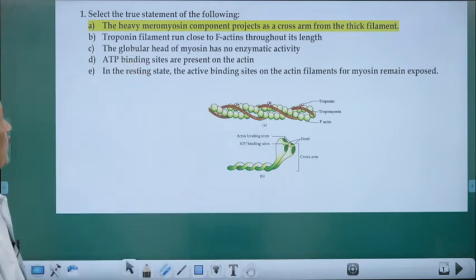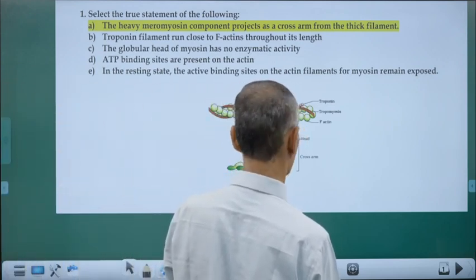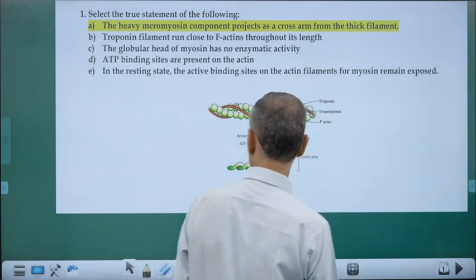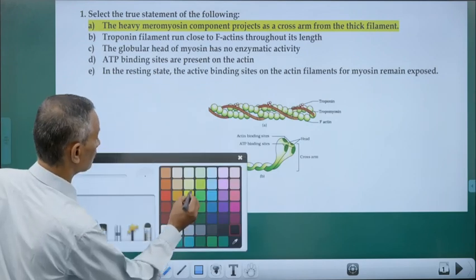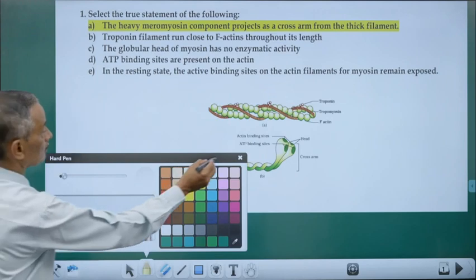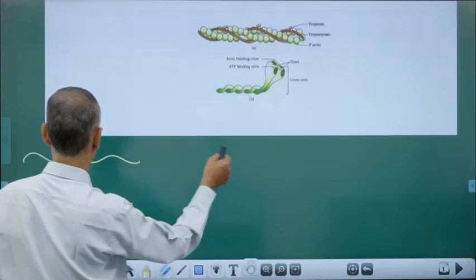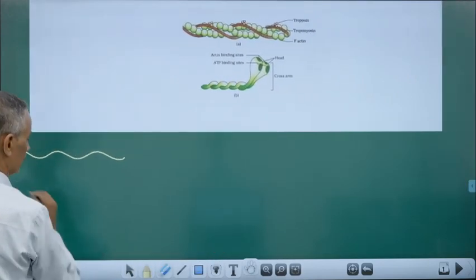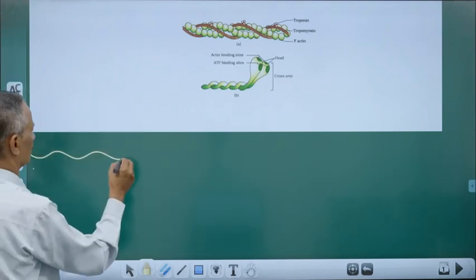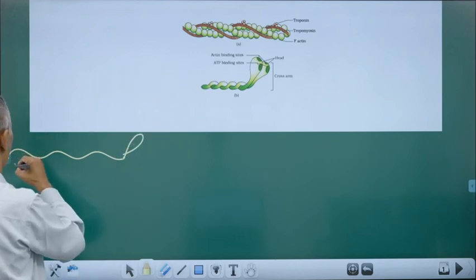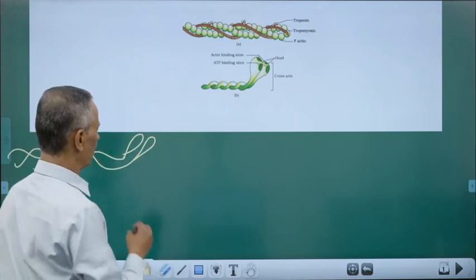The heavy meromyosin component projects as a cross arm from the thick filament. You are having the thick filament. This thick filament is made up of myosin.